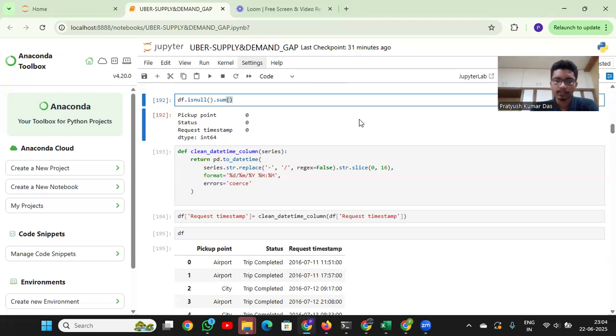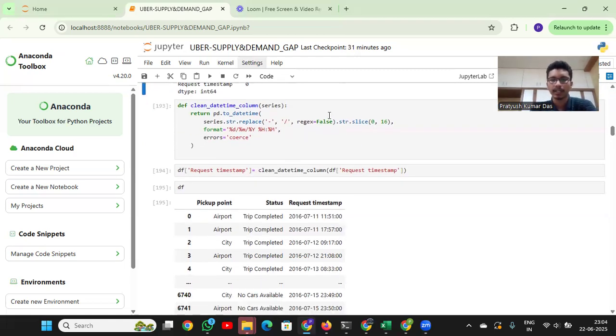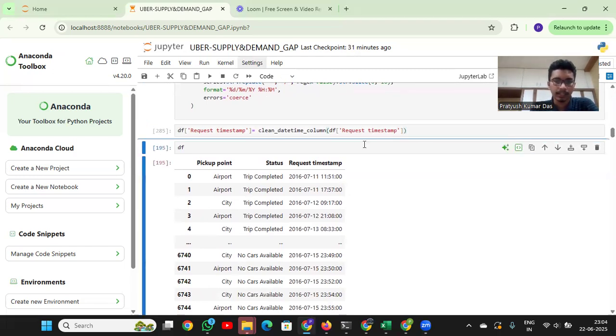We did it through Python in the Jupyter notebook, also with the help of Anaconda library assistant. After this, we created this request timestamp, which made sure that the datetime object was created.